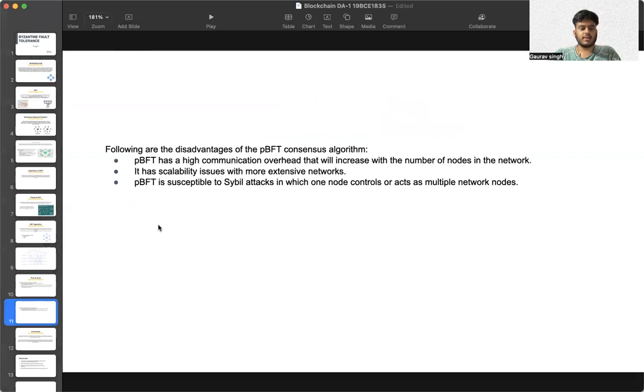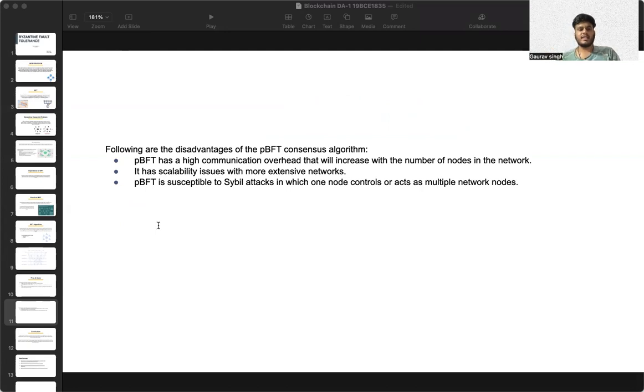Now coming to some of the cons. We can say that it's vulnerable to the Sybil attack. The Sybil attack is named after a book about a woman with multiple personality disorder. What happens is one party is able to get control of a large portion of nodes. So the more nodes there are, the harder it is to launch a Sybil attack.